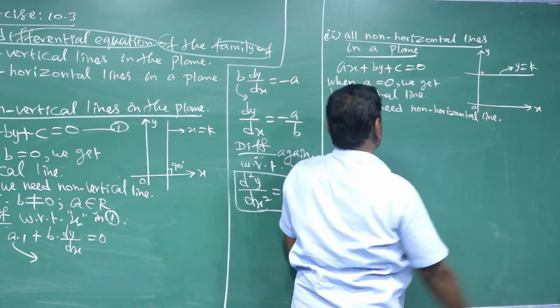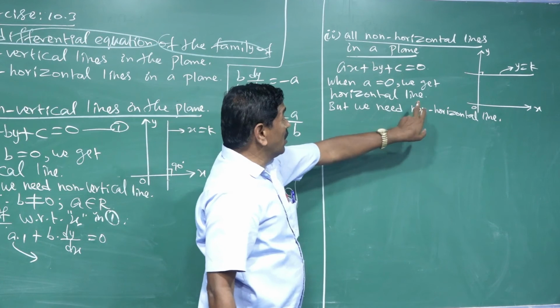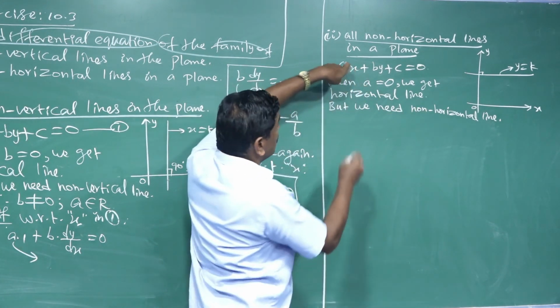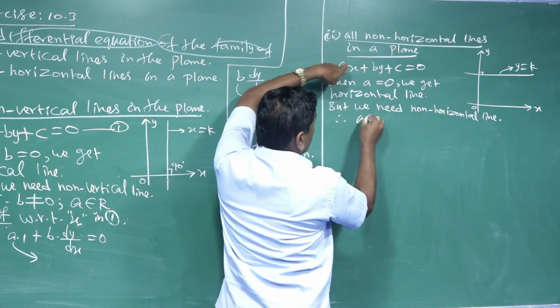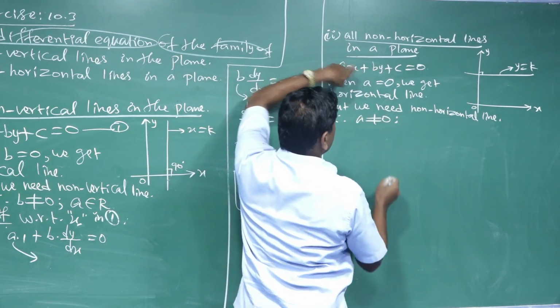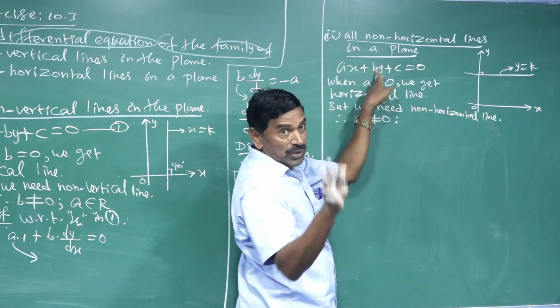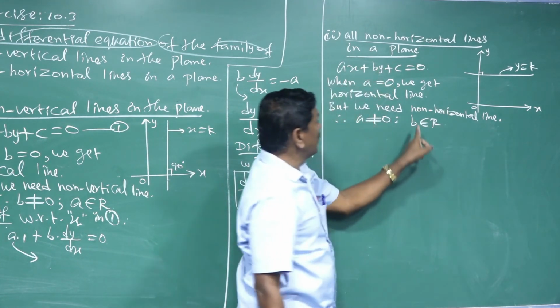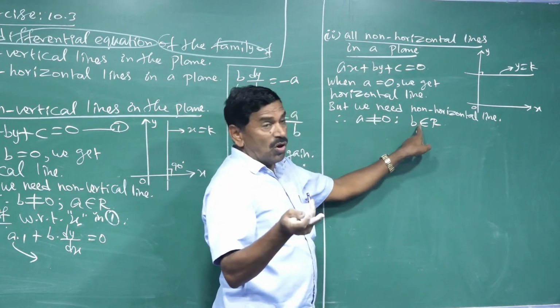But we need a non-horizontal line. So the condition for a non-horizontal line is a not equal to 0, such that b takes any value in R. That means b belongs to R.